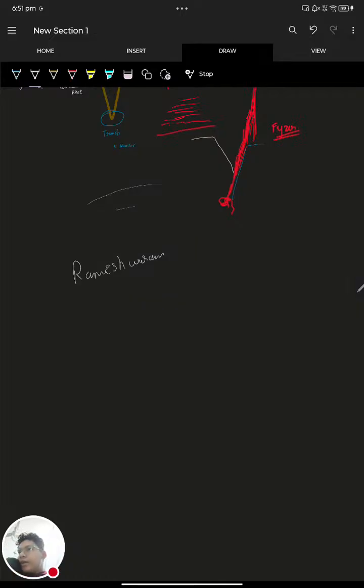Atoll: a reef of narrow growing coral, or horseshoe shaped coral like a palm leaf, is called an atoll. So this kind of coral leaf structure is called an atoll.